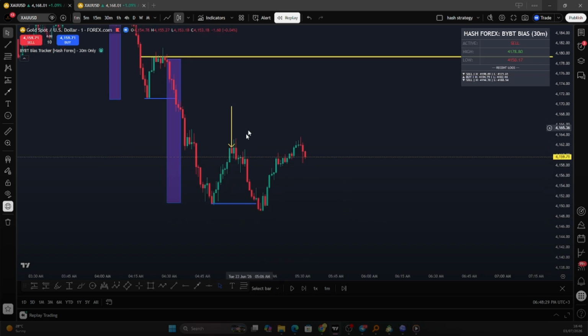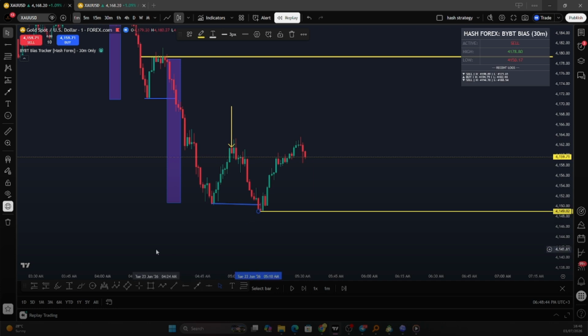Here the market has created a resistance, and from this resistance it is giving us another drop to the downside, creating another lower low. That shows us that the sellers are dominating, so you're going to be looking for sales. Here we are getting this pullback, and we are seeing that this pullback is coming back into this previous zone of resistance.